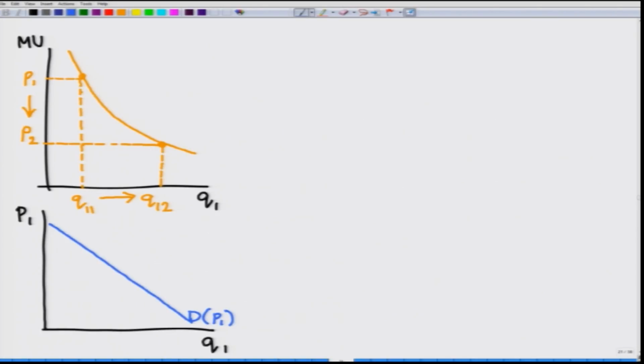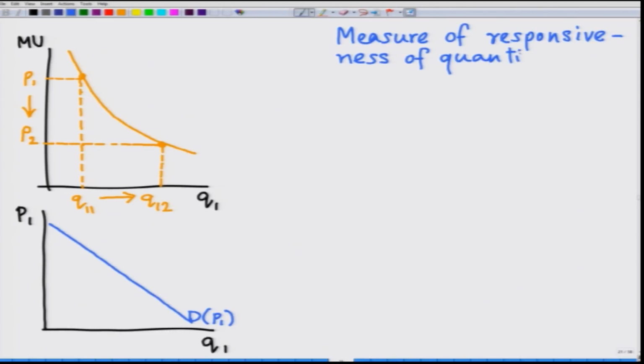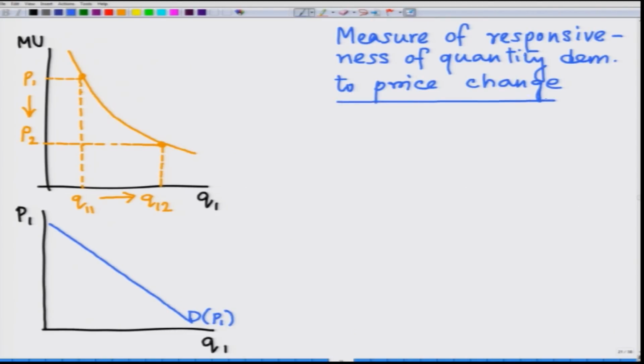Now, let us have a measure of responsiveness of quantity demanded to price change, and that is given by this concept called elasticity that we have already seen previously.